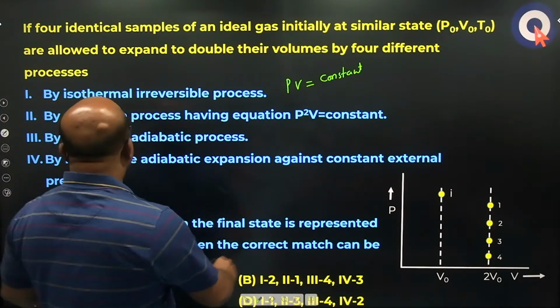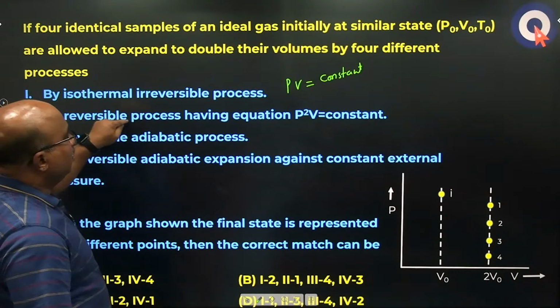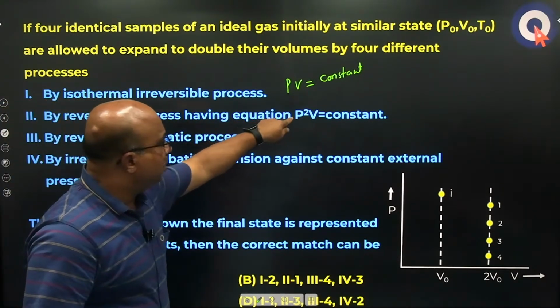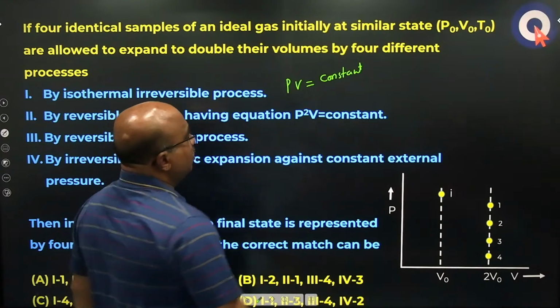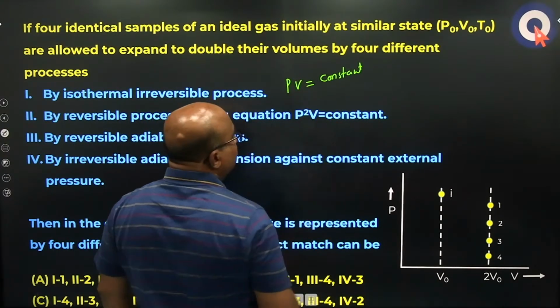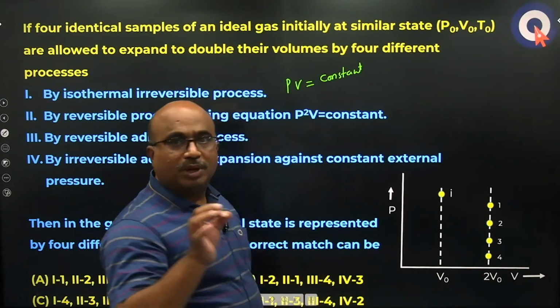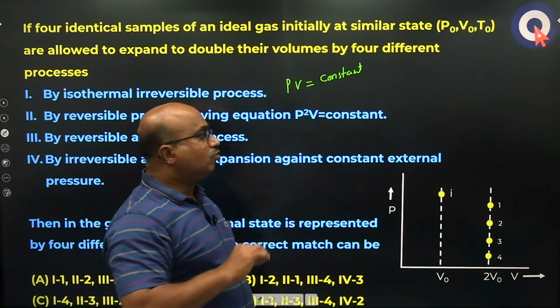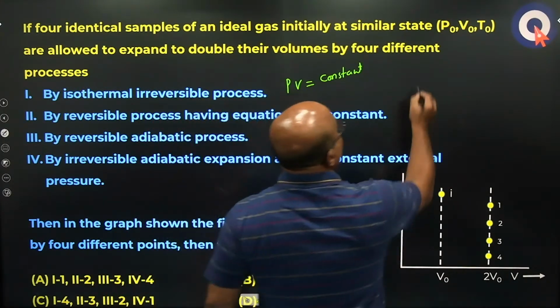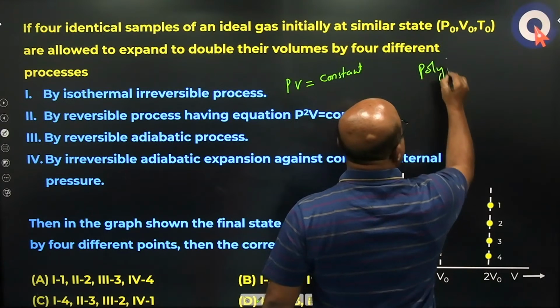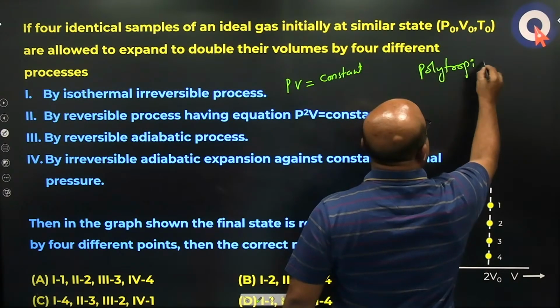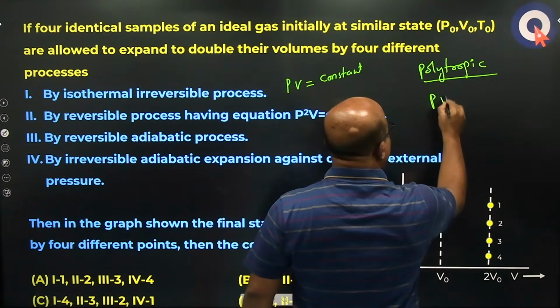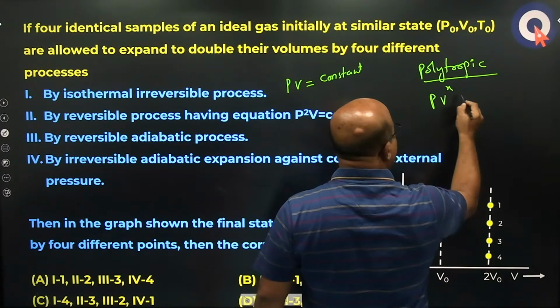But if you take the reversible process having equation P squared into V is constant, you write it in terms of what we define as a polytropic process. What is a polytropic process? A polytropic process means PV to the power of X or N is constant.